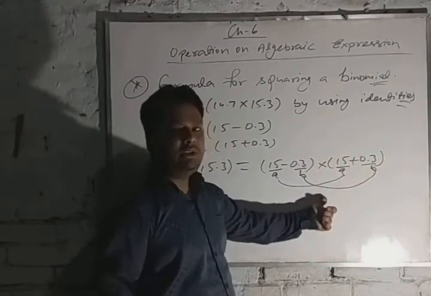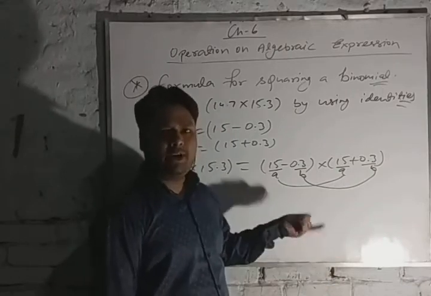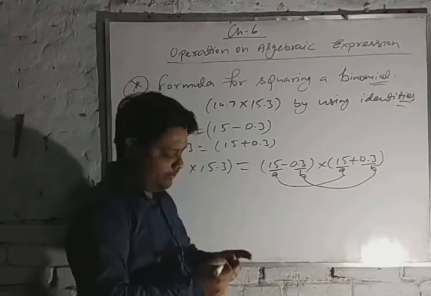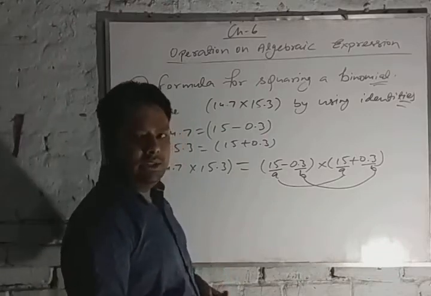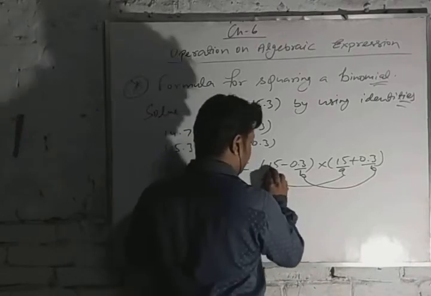Then we will use the third identity. A plus B into A minus B or A minus B into A plus B, it is same. Okay, so let's solve it by that formula. At first we will write that formula.